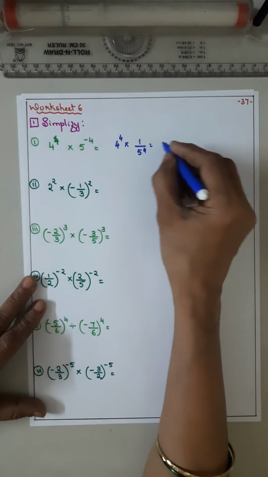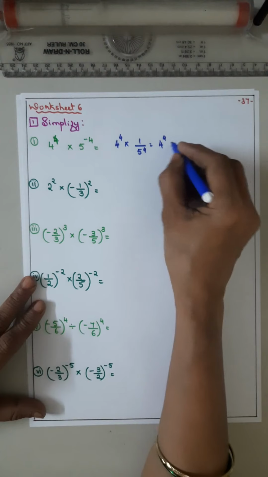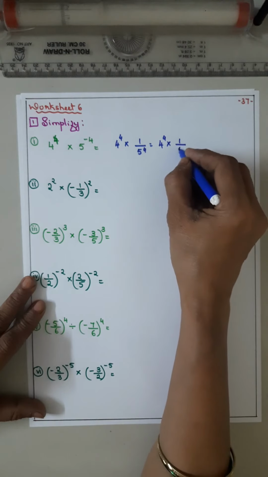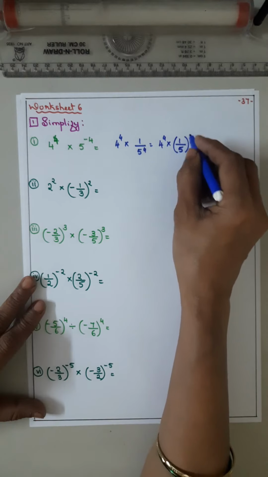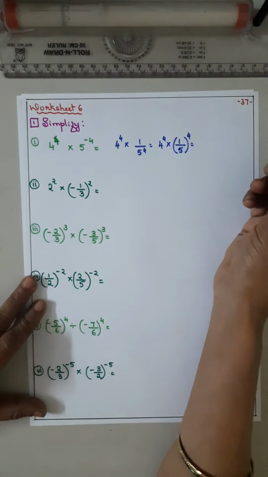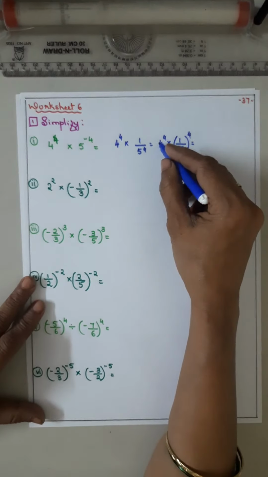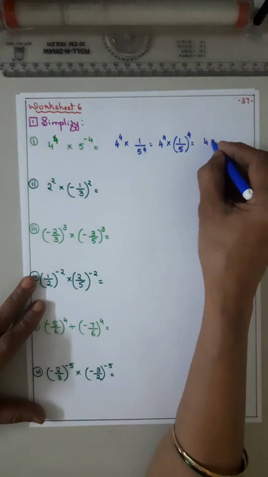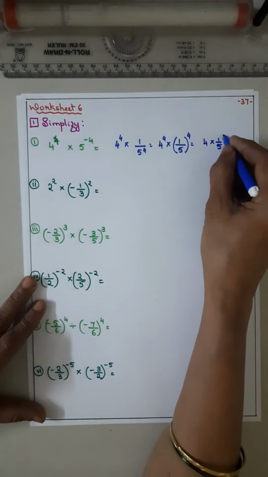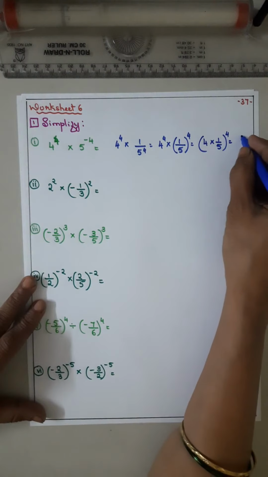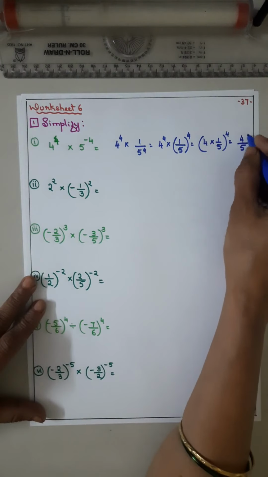That means 4 to the power 4 into (1 by 5) the whole raised to 4. The powers are the same, bases are different. That means (4 into 1 by 5) the whole raised to 4. That means (4 by 5) the whole raised to 4.